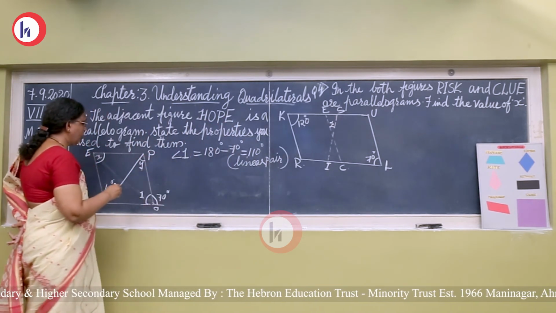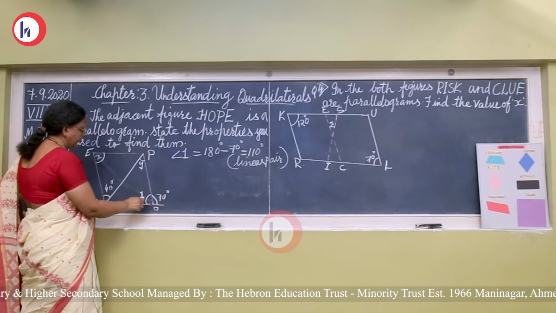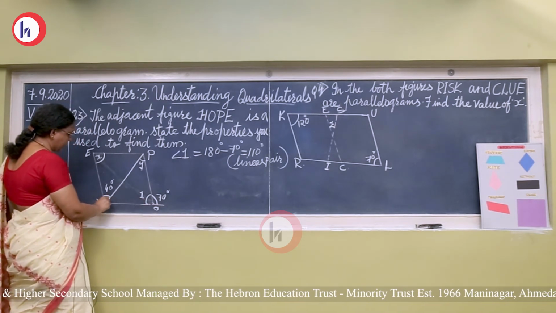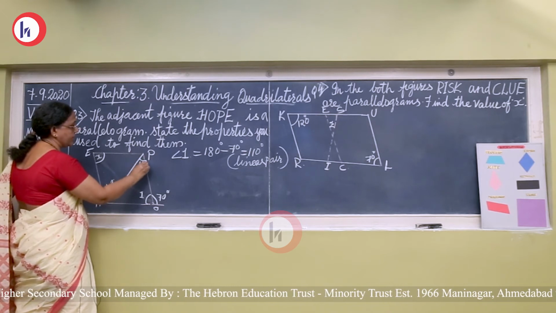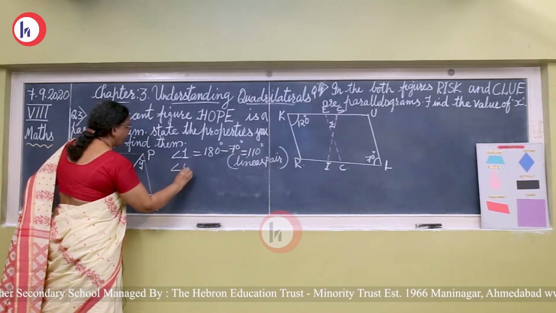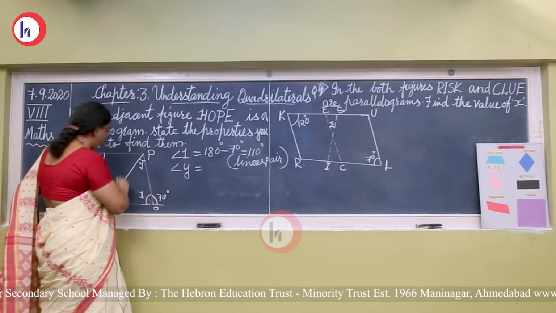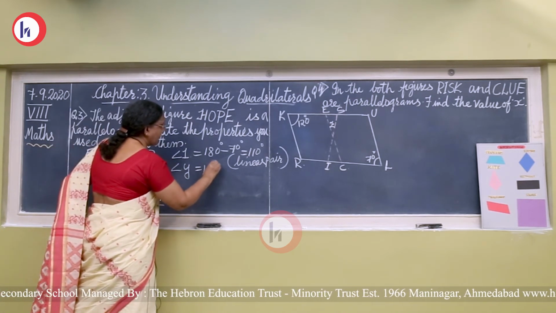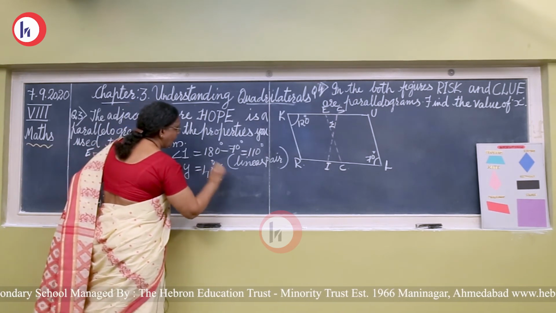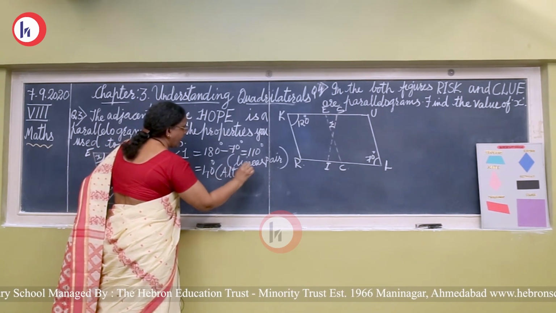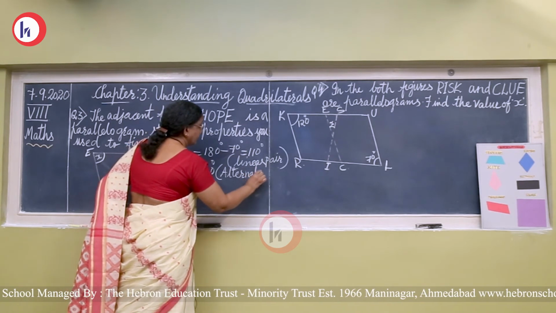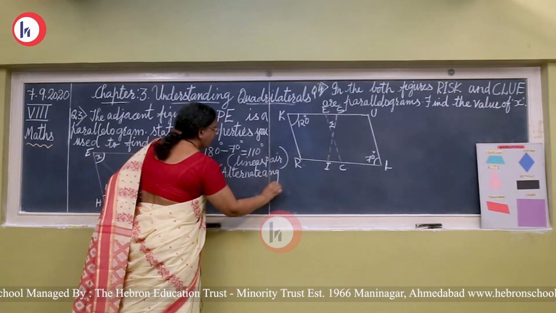Then again, one of the angles, angle H, is given as 40 degrees. Therefore angle y is also 40 degrees. Which property have we learned? We call it alternate angles. So the property you will write: alternate angles are equal.